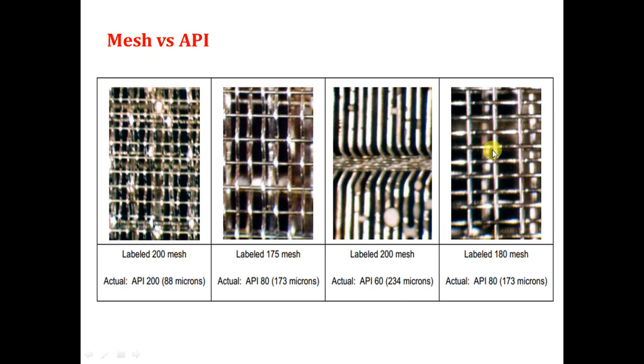As you see, this is different from this, and this is labeled 200 mesh, and this is also labeled 200 mesh, but this is API 60 and this is API 200. But if you use the API 80, it is the same micron as you see here. Here also API 80, it is the same micron.